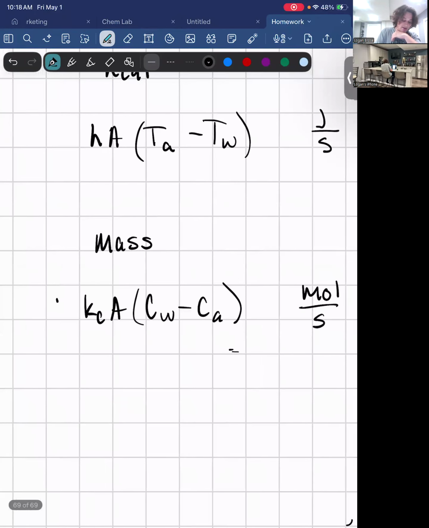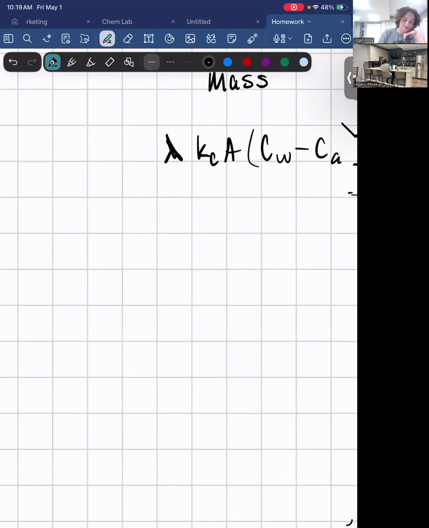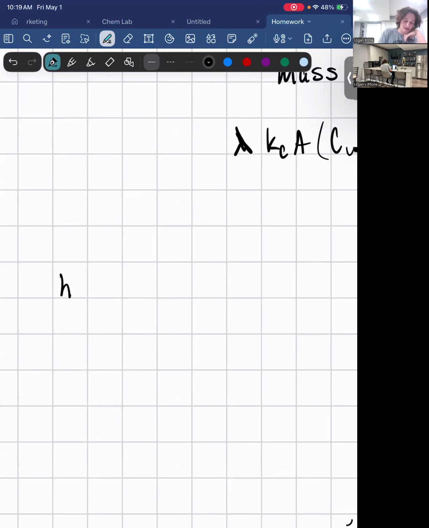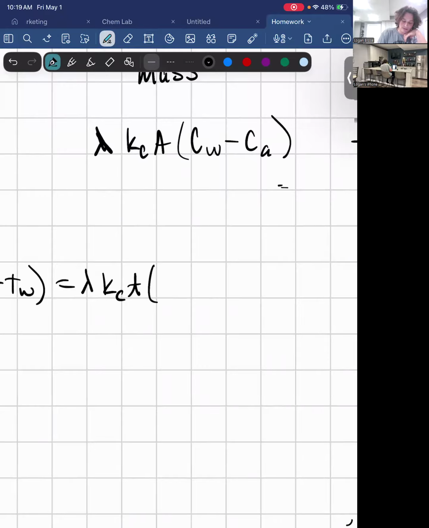So we can just add our enthalpy of vaporization to get to joules per second. And so now we can set these two equations equal to each other. HA times T air minus T water equals lambda Kc A times Cw minus Ca.